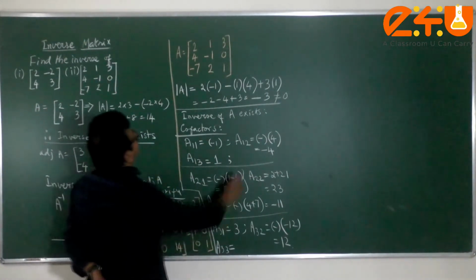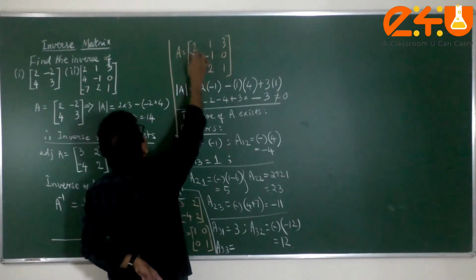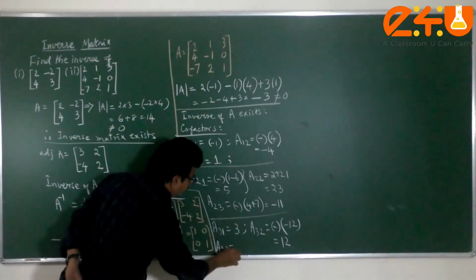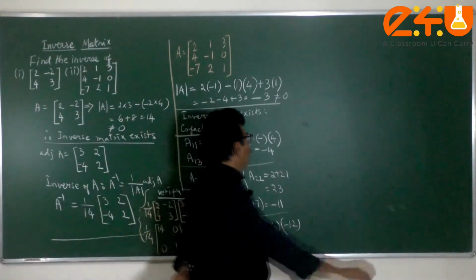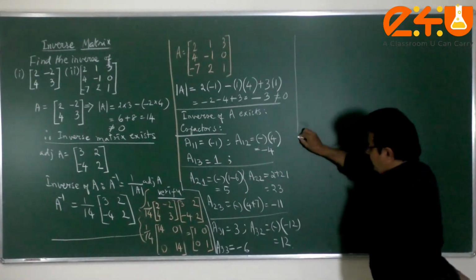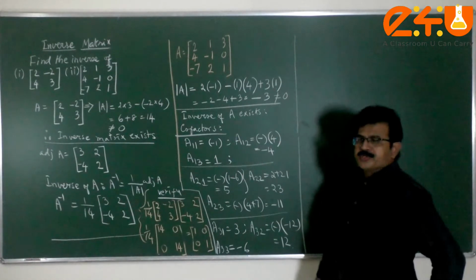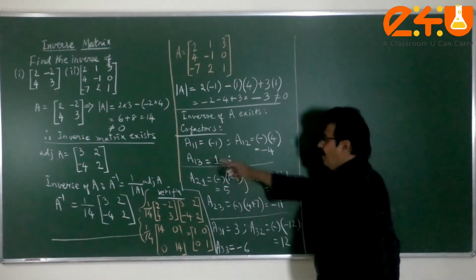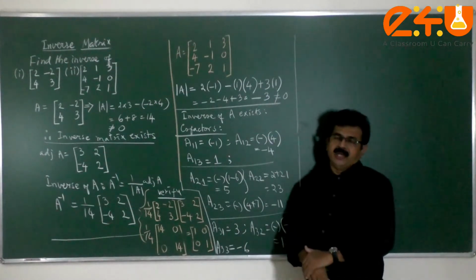Minor of 3, 3. That is 2, 1, 4 minus 1. So it is negative 2, negative 4. Negative 6 only. So let us now, our intention is to produce the adjoint matrix, which is not possible without combining cofactors, presenting a cofactor matrix.